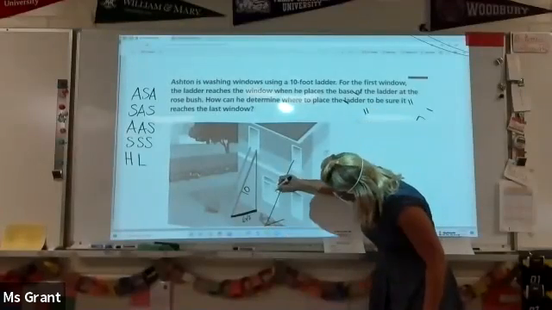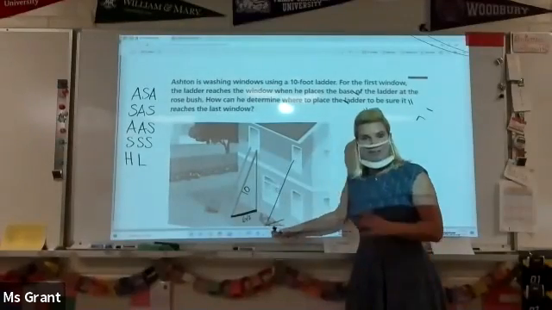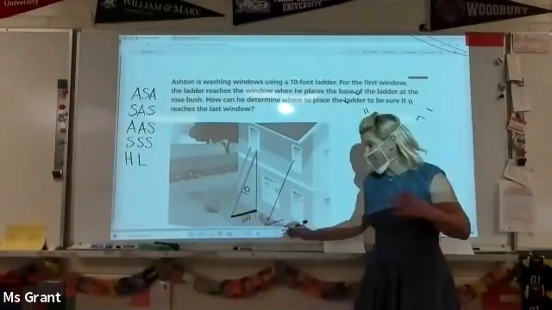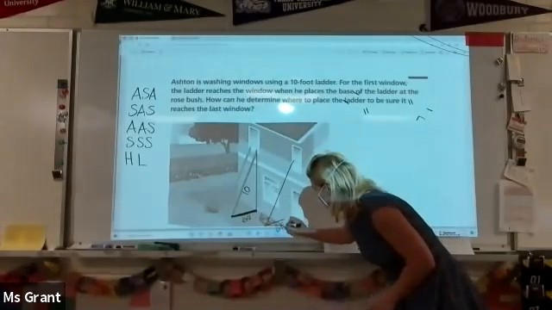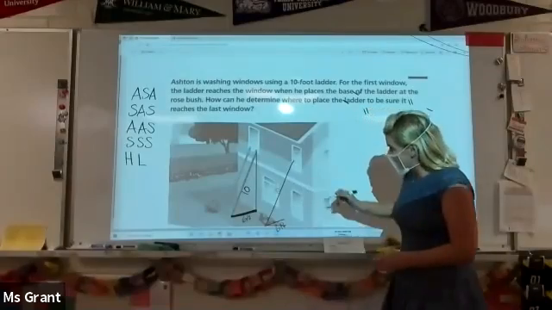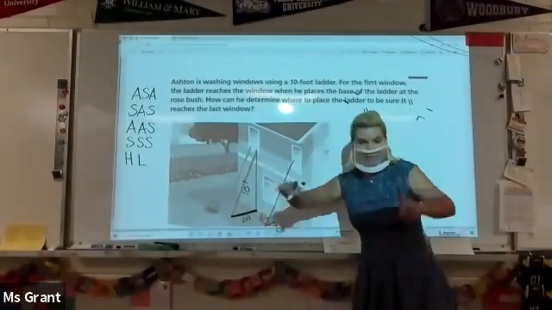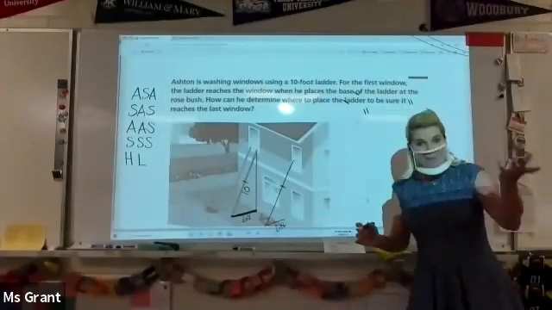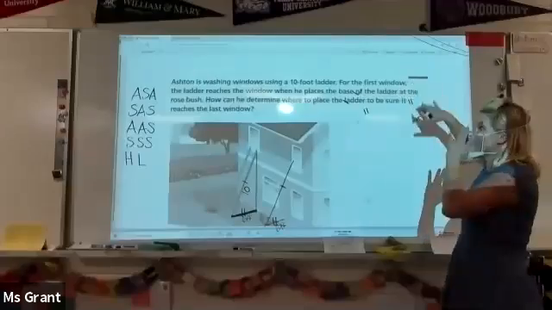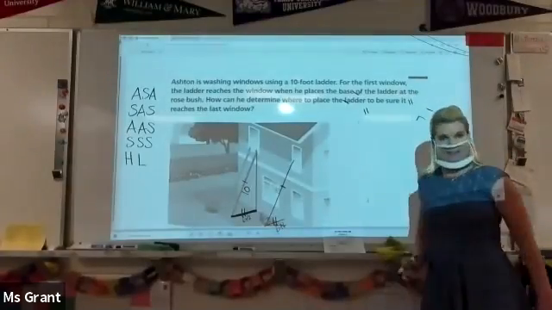If it's still a 10-foot ladder, how far should the bottom of the ladder be from the house? 6, again. Which means they have to be equally distanced. The hypotenuses match, they're both 10. A leg matches, they're both 6. So the hypotenuse leg theorem is used in this example.